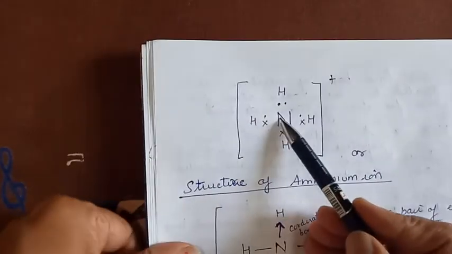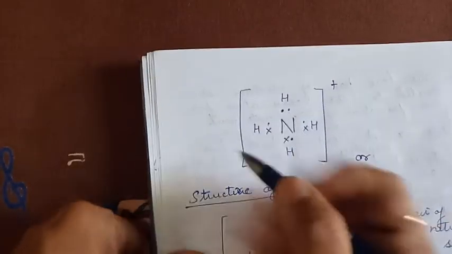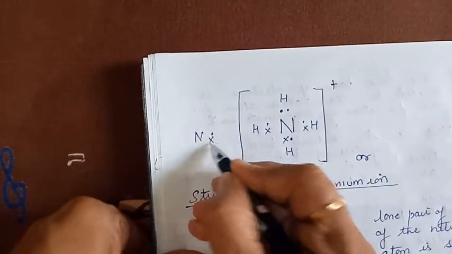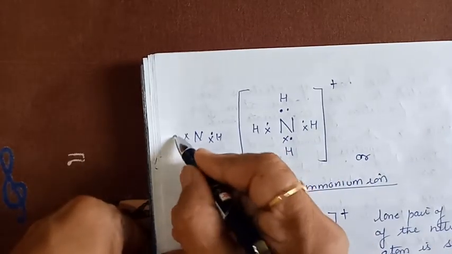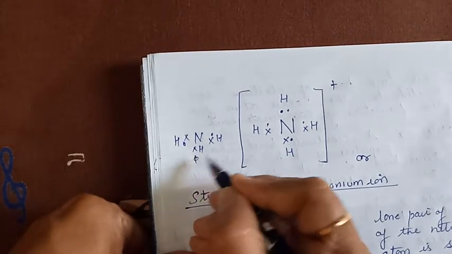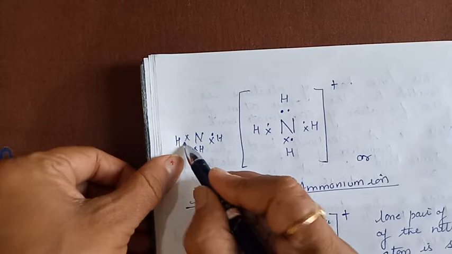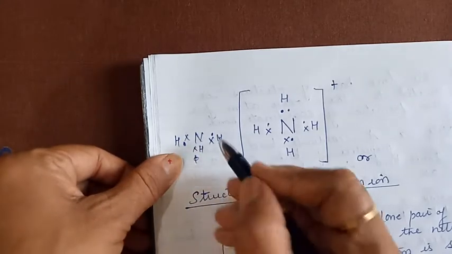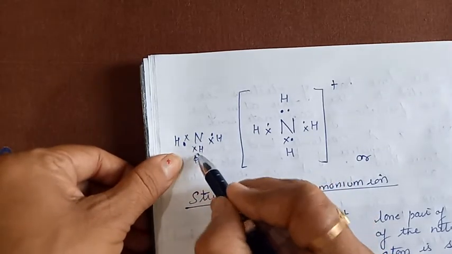It can also be shown like this. So once again see this. I have drawn this. This is ammonia. The dot represents the nitrogen electrons, and the cross is for the hydrogen.